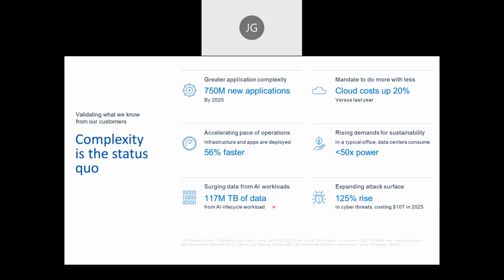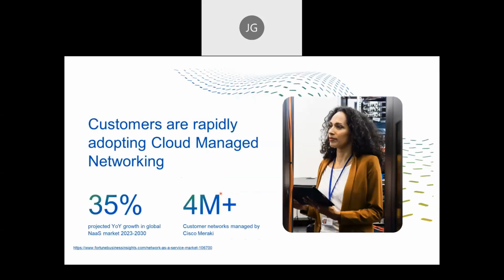And an attack surface just means what's open that an attacker can take advantage of. So, with that being said, we're rapidly adopting cloud management networking, 35% growth with over 4 million networks managed here in 2025. And so this is going to look like 35% increased growth from 2023 to 2030.